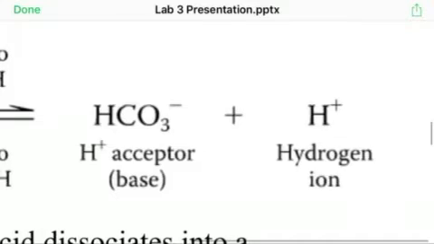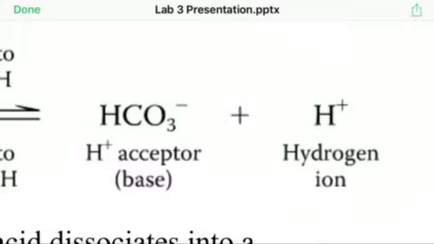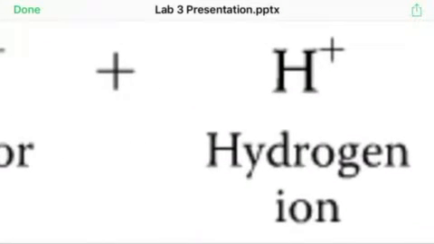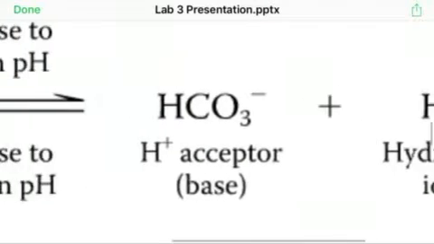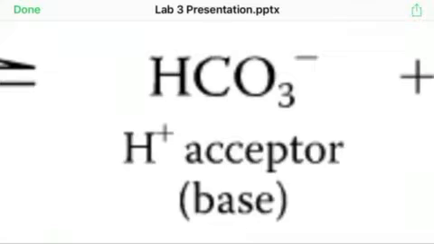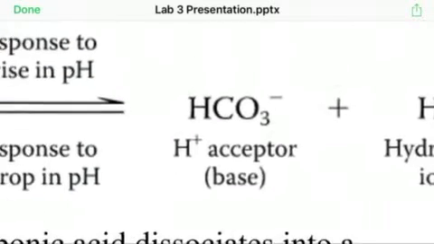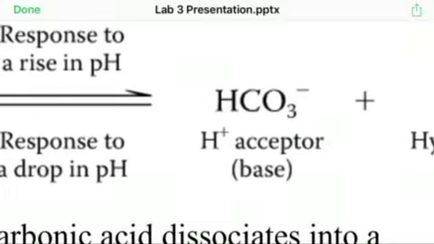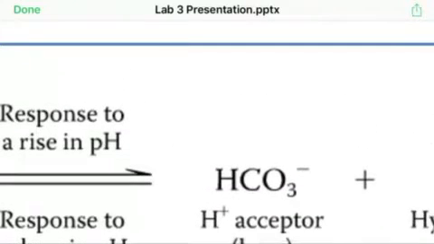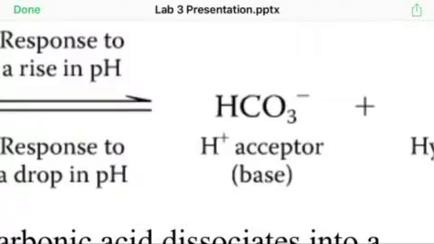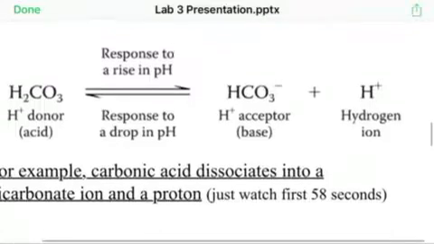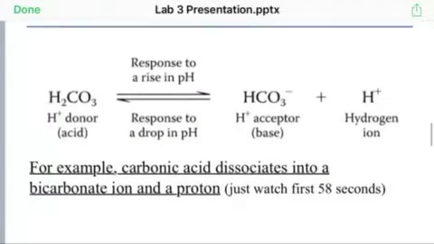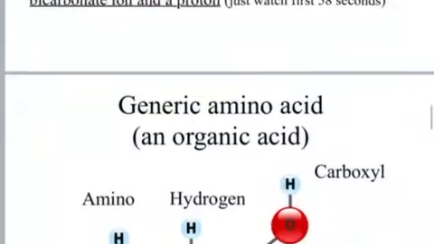But in this case, since it's donating both, bases can react with the hydrogen and become water, usually an OH- plus the H can become water, and then this H acceptor, this base, can accept extra hydrogen ions that come in a solution from the acid. So if we pour HCl in, your body has a base that would accept all of those hydrogen ions. You can definitely watch this video and it can show you how they kind of connect together.